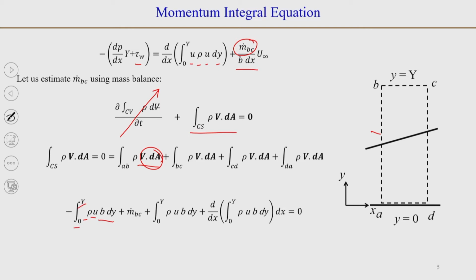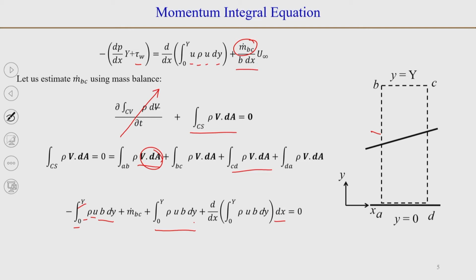Similarly, on the surface CD, the mass flux will be, like we did for the momentum flux, the integral 0 to y rho u b dy plus d by dx of the mass flow multiplied by dx. So, integral 0 to y rho u b dy multiplied by dx.